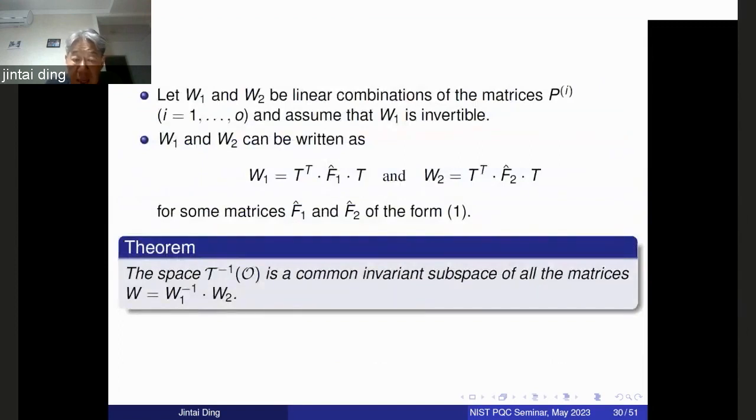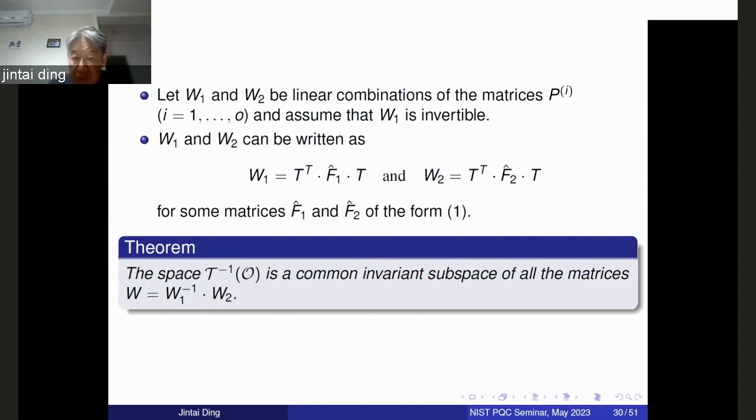Since the public key map is nothing but linear combinations of the linear transformations coming from F, similarly we can work on the public key. Namely, we can take random linear combinations of the public key matrices, which gives W1 and W2, then compute W1 inverse times W2 and try to find the common invariant subspace of all these matrices.